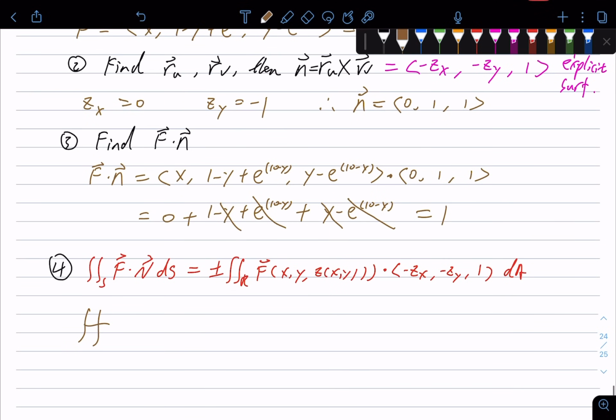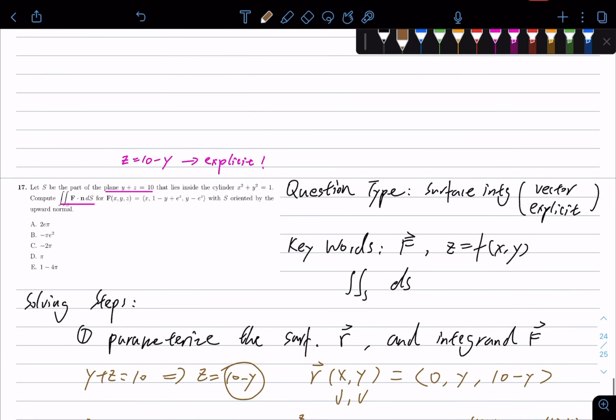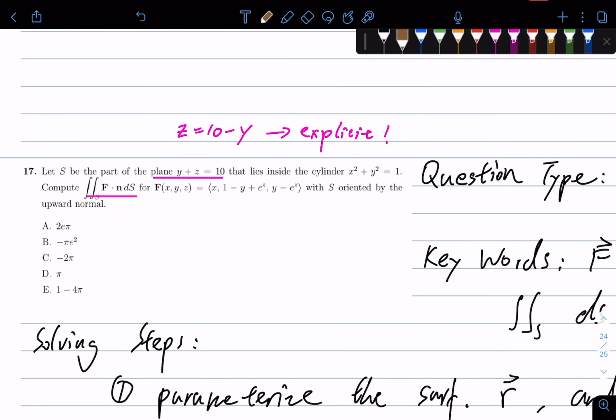For this example, we already have computed the integrand, so let's start with constructing this integral very slowly. We have the region R, and our integrand over this whole thing equals 1, as we just computed, dA. Let's go back to our problem statement. This plane is bounded by the cylinder. What does that tell you?